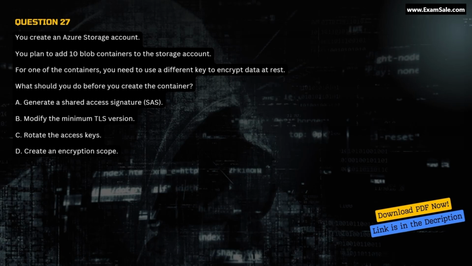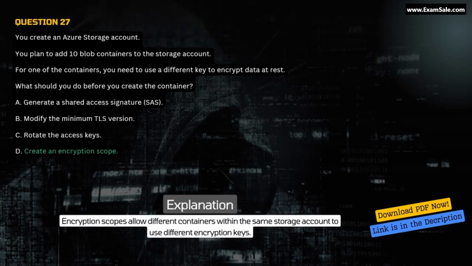B. Modify the minimum TLS version. C. Rotate the access keys. D. Create an encryption scope. Correct answer D. Create an encryption scope. Explanation. Encryption scopes allow different containers within the same storage account to use different encryption keys.